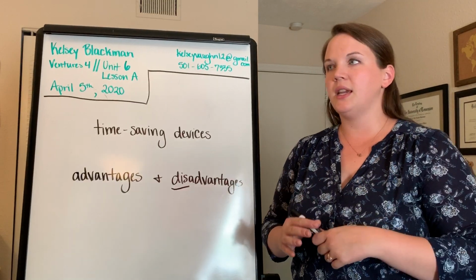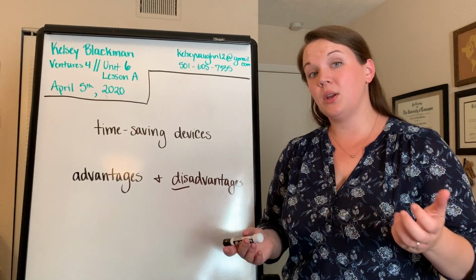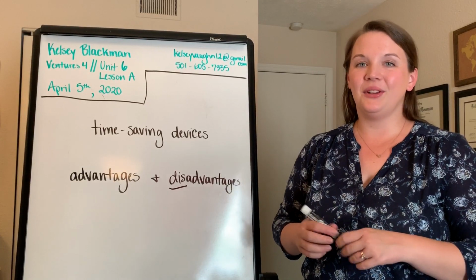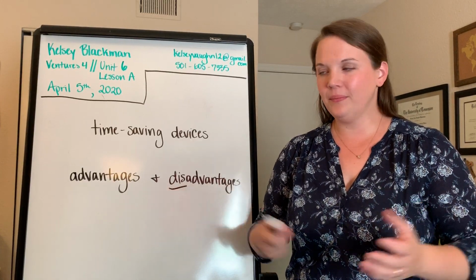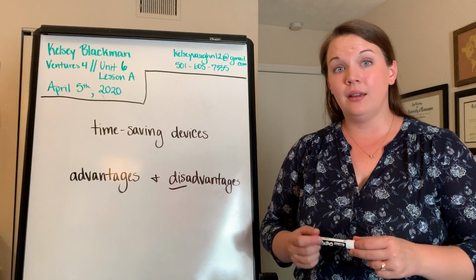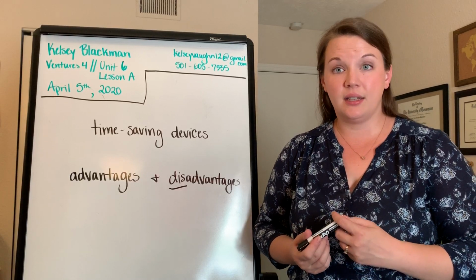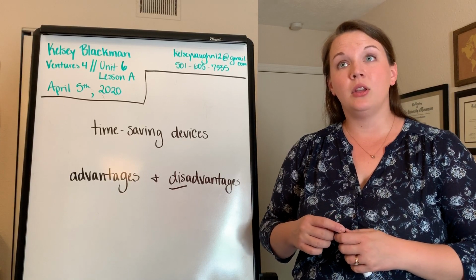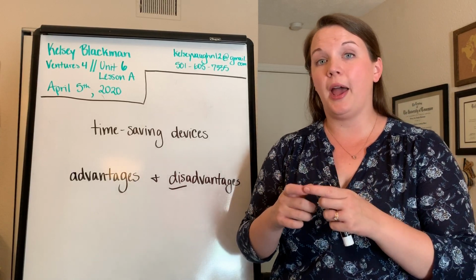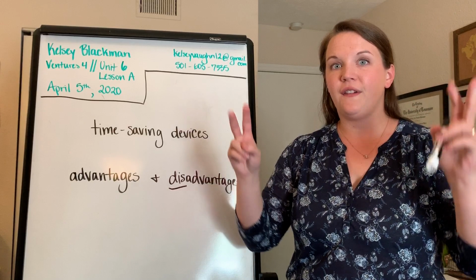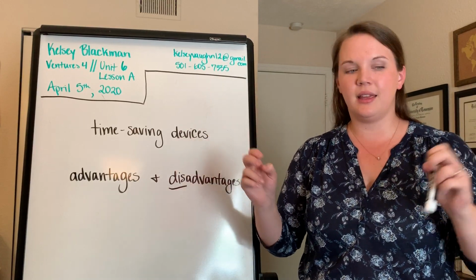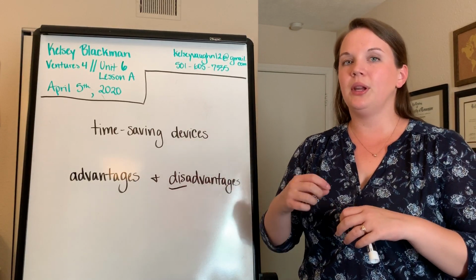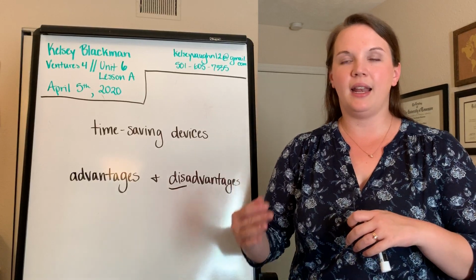So here's an example. I was thinking about Disney World. Disney World in Orlando. Maybe your family goes to Disney World and you have bought a special pass that's like a fast track pass that helps you. You get to go to the front of the line every time.